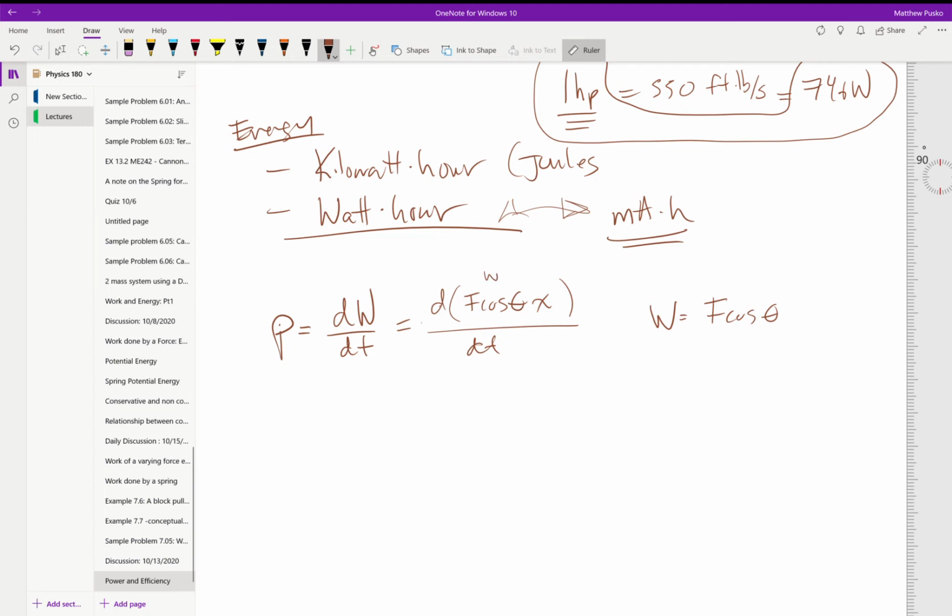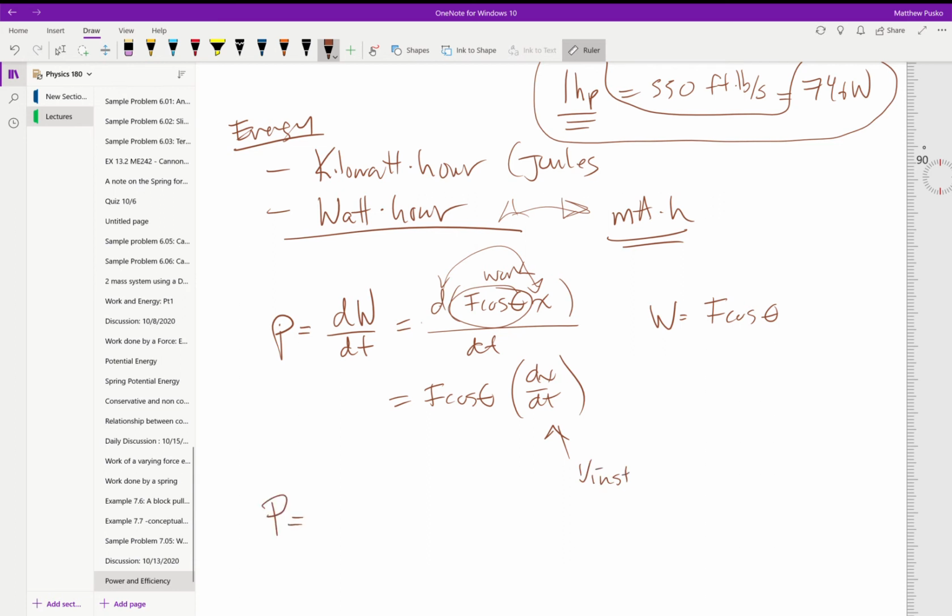So the work done is always the force times the displacement. And let's put this d with this x right there, and pull this force out. So we get F cosine theta times dx/dt. And what's that? That is the instantaneous velocity. So we have another definition for power that we can use.